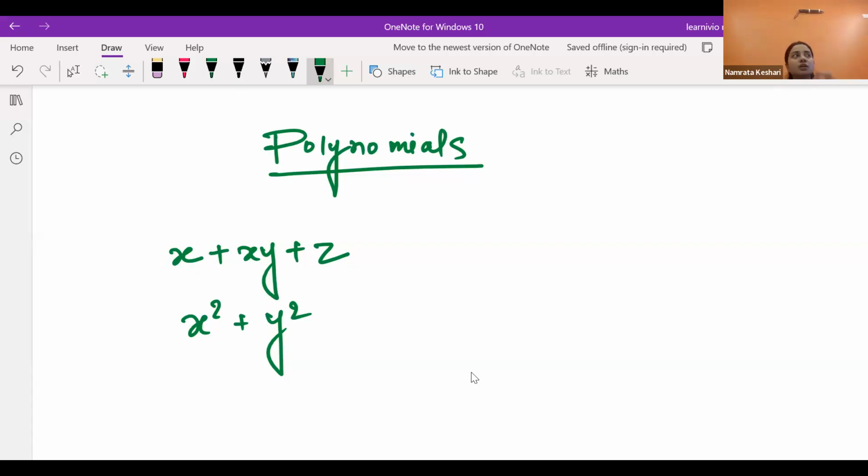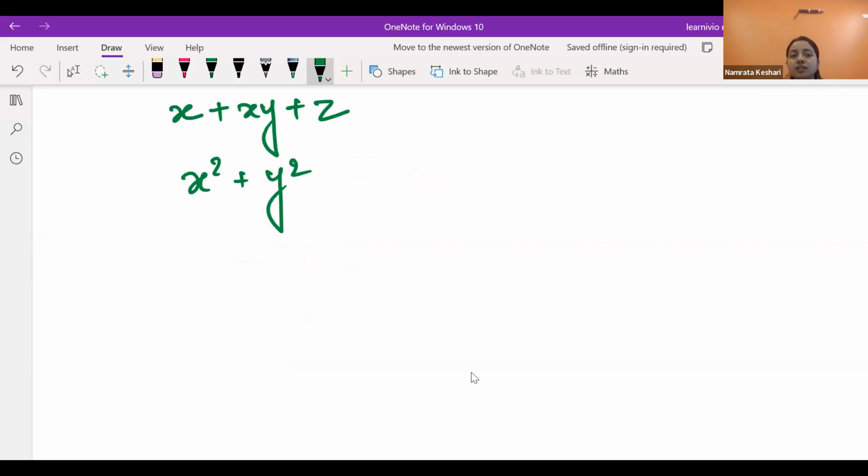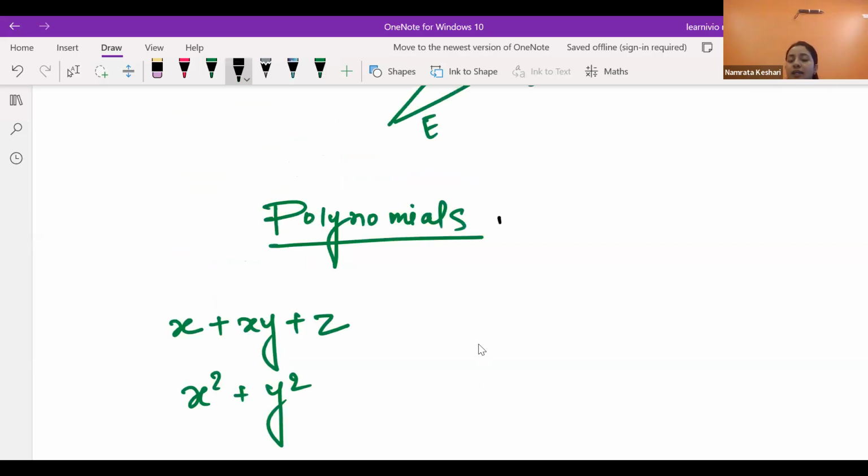There are two very important conditions which we need to keep in mind while checking whether any algebraic expression is a polynomial or not. What are those conditions? Let's see. The first condition is this chapter is all about polynomial in one variable.